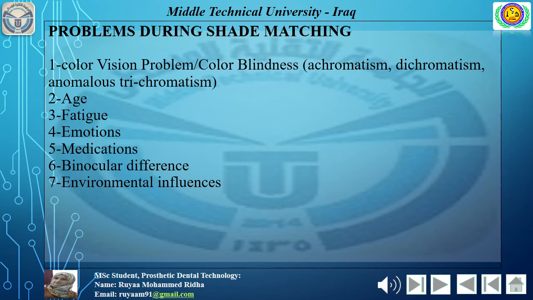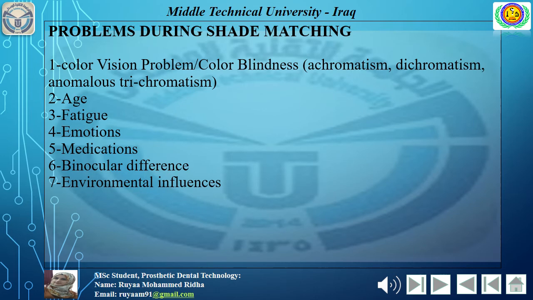For example, red suggests anger, and yellow represents joy. Therefore, emotion can affect pupillary diameter, causing problems during shade matching.